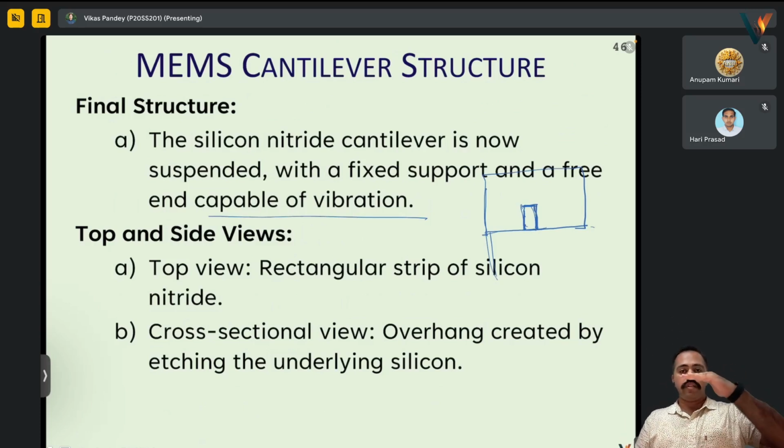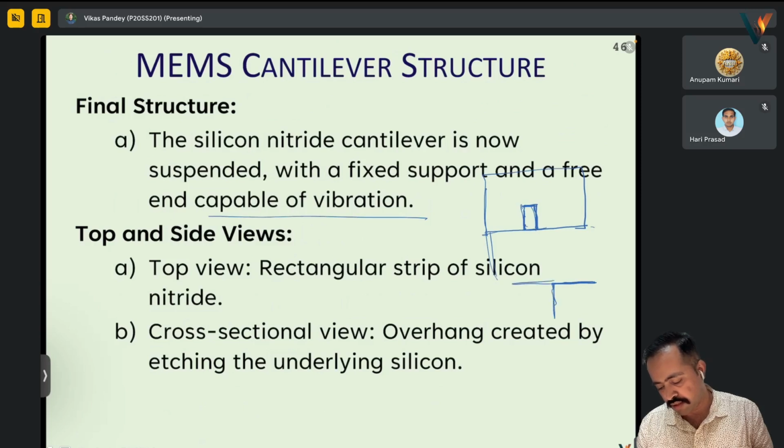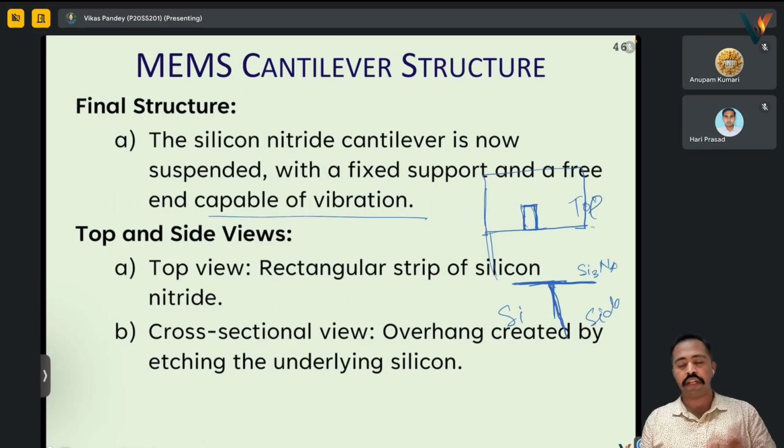If you see the side of it, you will see a hanging one. This one will be Si3N4, and there can be some structure here, and this will be silicon. So this is the side or cross-sectional view, and this is the top view.